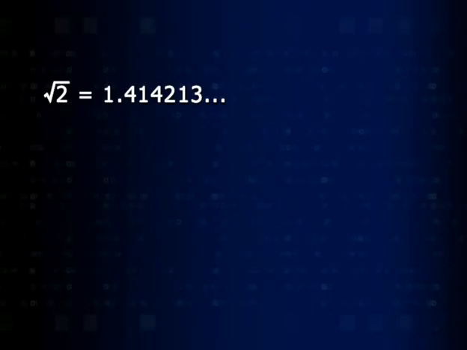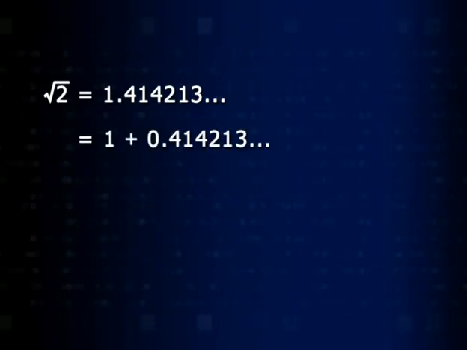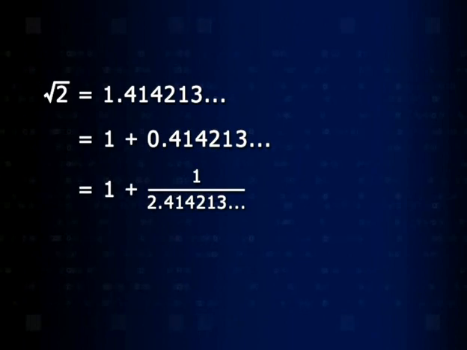Well, let's compute the first number that we proved was in fact irrational long ago in our class, the square root of 2. Well, we write the decimal expansion of the square root of 2 as 1.414213, and so on. And so we rip off the integer part, 1 plus the fractional part, 0.414, and so on, and then write the fractional part as 1 over the reciprocal, which is 1 over 2.414, and so on.